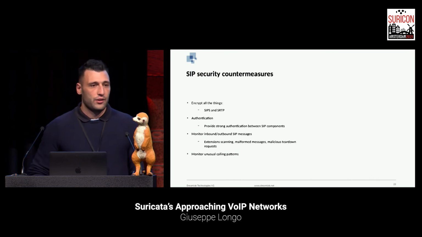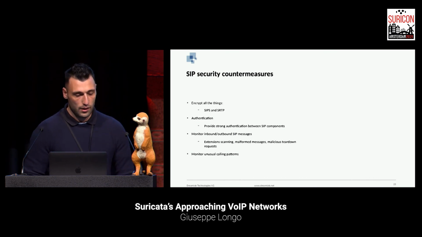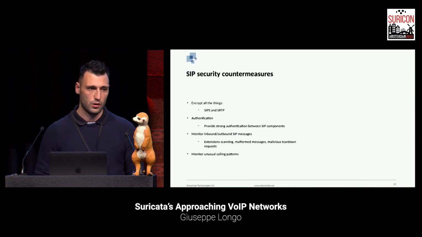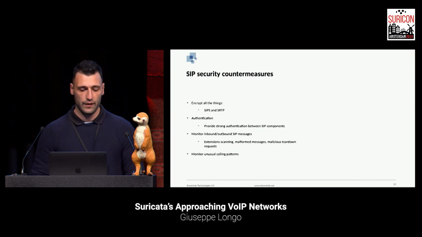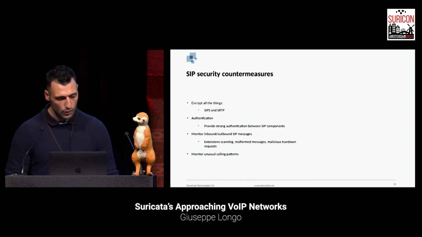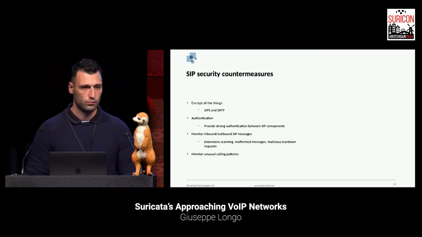What can we do to make this protocol and our network safer? The most important thing, I think, is to encrypt everything, so all the communication. The SIP protocol and RTP have variants called SIPS and SRTP, which permit encrypting all the messages and the audio conversation.